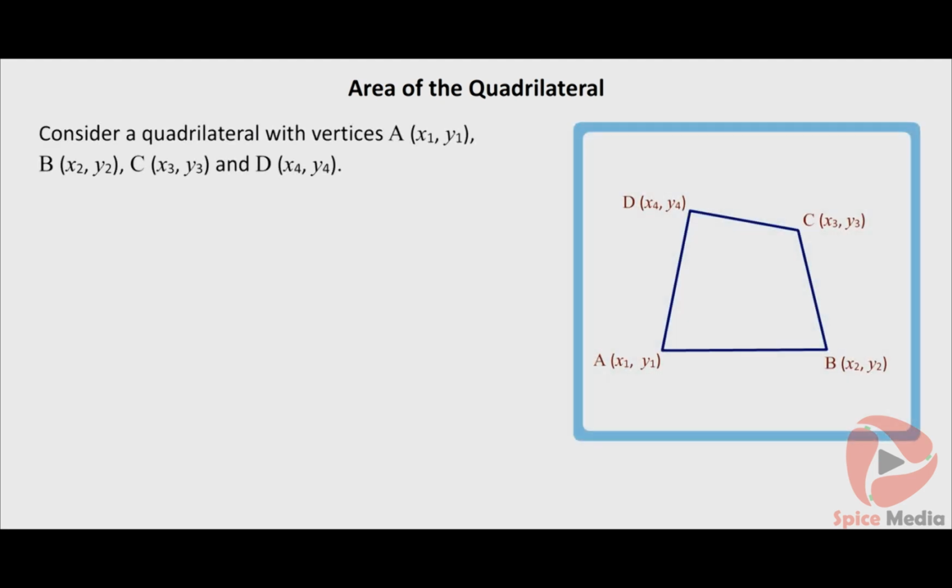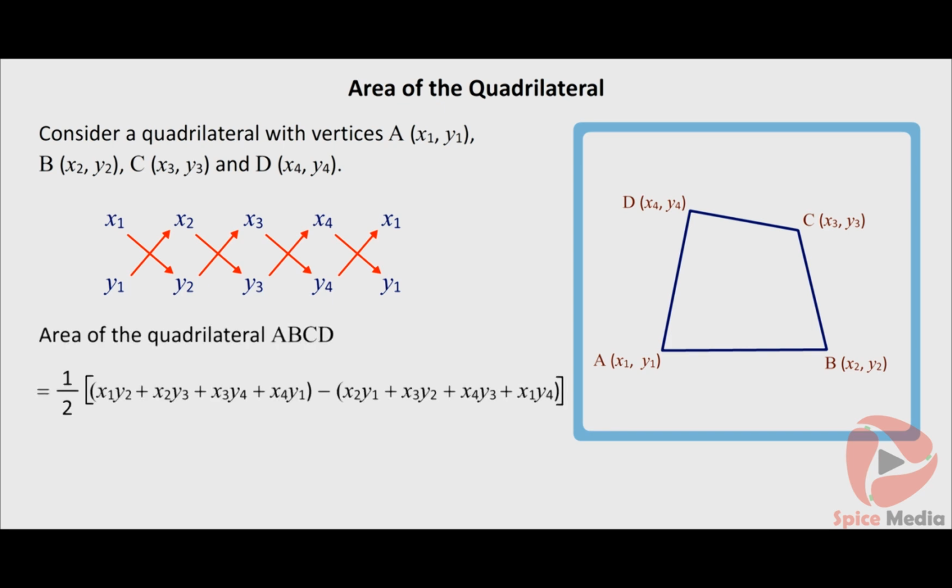Learn this method to calculate the area of a quadrilateral. Consider a quadrilateral with vertices A(x1, y1), B(x2, y2), C(x3, y3), and D(x4, y4). Arrange the vertices as shown below.